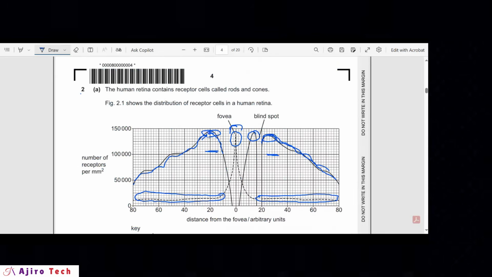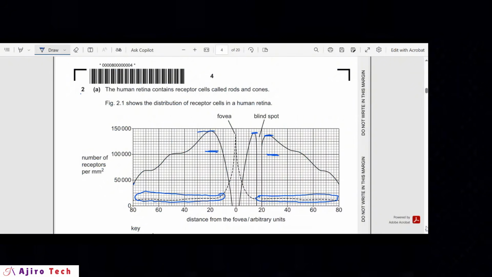The number of rods on the left-hand side is greater than what you see on the right-hand side of the fovea. Look at it from here. The number we see here is higher than the number we have here. So on the left-hand side, the number is greater.